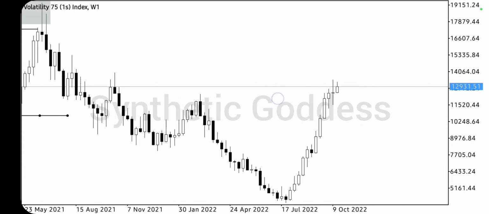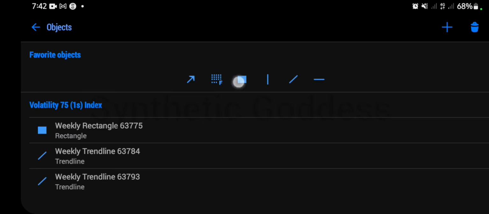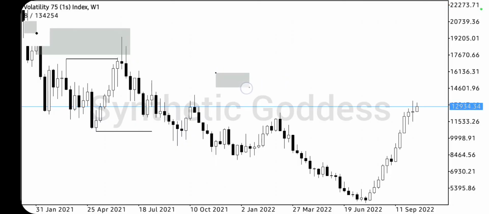After violating this structure, let us see how the market has been respecting the PO highs inside the internal structures. As you can see, this is an order block that was respected, a weekly order block that was duly respected.